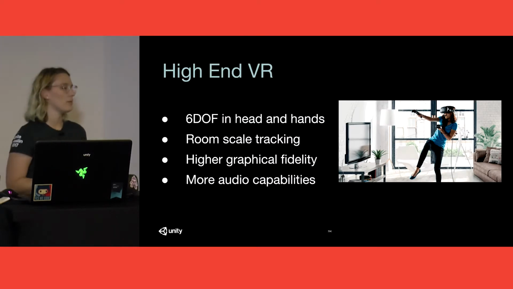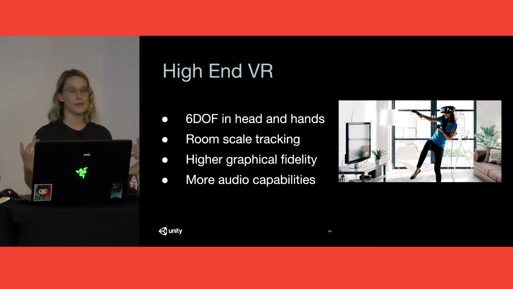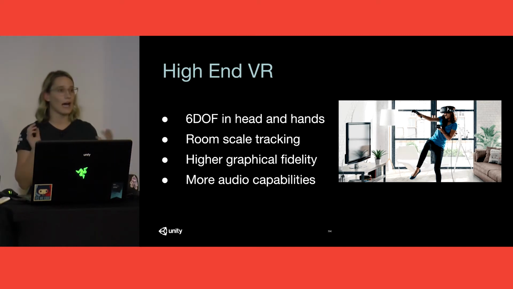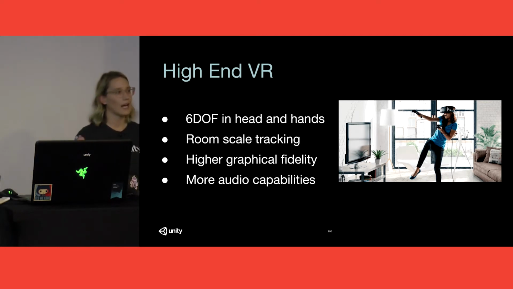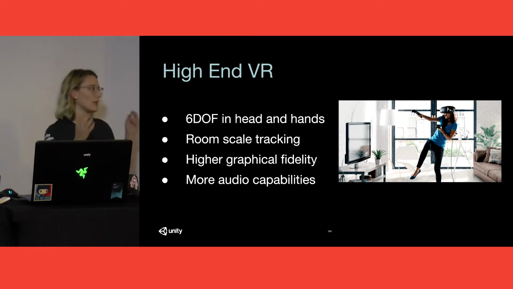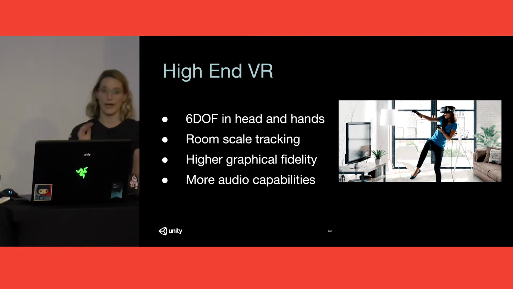So I want to talk about what high-end VR means, because there's basically 2 main ways you can develop for VR. There's mobile VR, which is going to be on a smartphone, and then there's high-end VR, which you're going to have 6 degrees of freedom. You're going to have room-scale tracking, so you're actually able to walk around and move your arms around. So it's very different from mobile VR, where you're limited to just looking around.